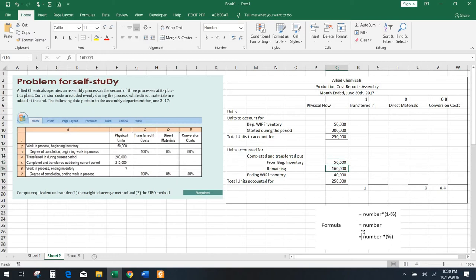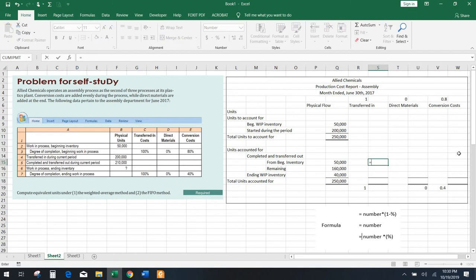For the middle number, we just use the number and we take that across. For the bottom one, we use this bottom formula, which is the number, which is 40,000, multiplied times the percentage. Okay, so the difference is up here we use 1 minus the percentage. Here we just use the number, and on the bottom we use multiplied times the percentage. So we'll go ahead and work it out, and I'll show you how that works.